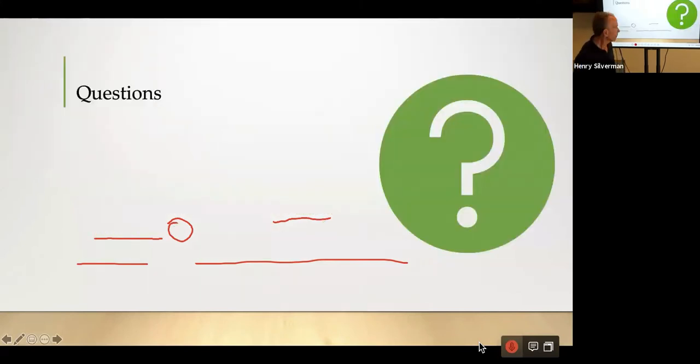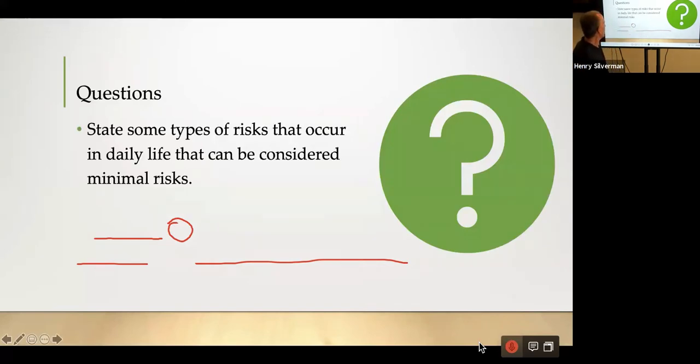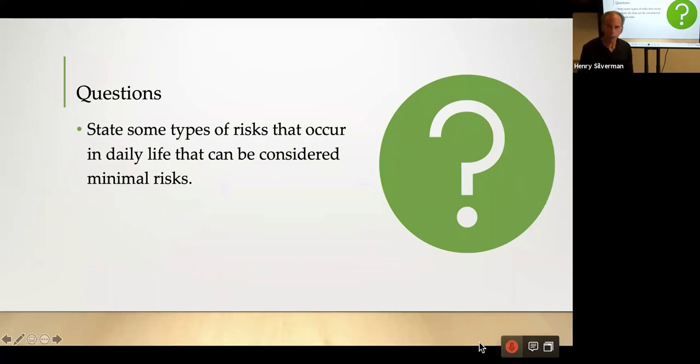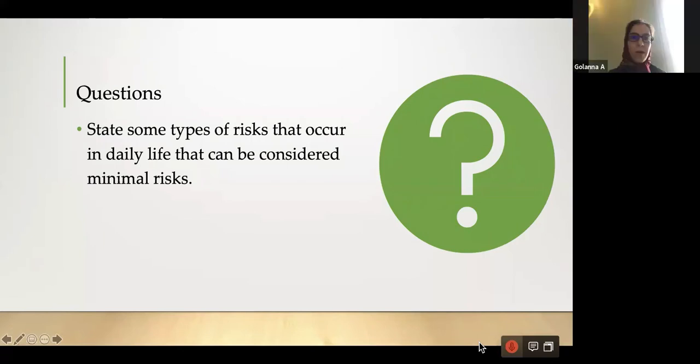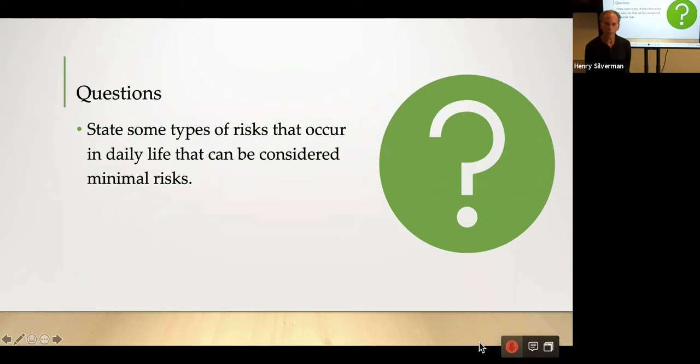So, question. If the definition is hinged to routine risks in daily life, what are some of the routine risks we take on in daily life? Having car accidents or falling down from a step? Right.